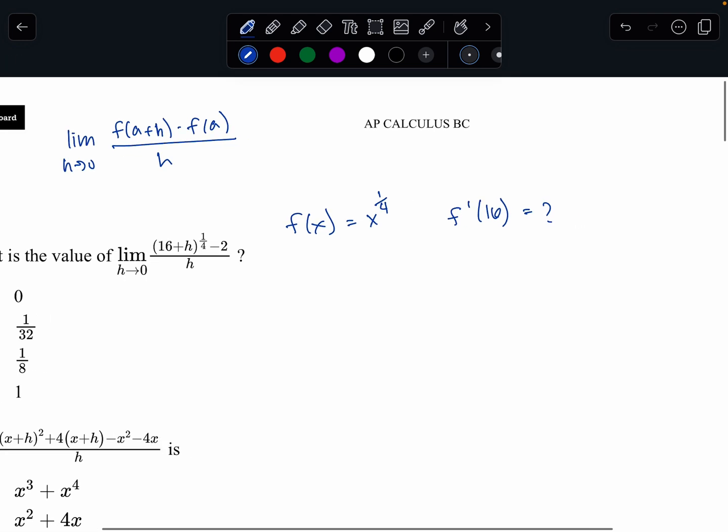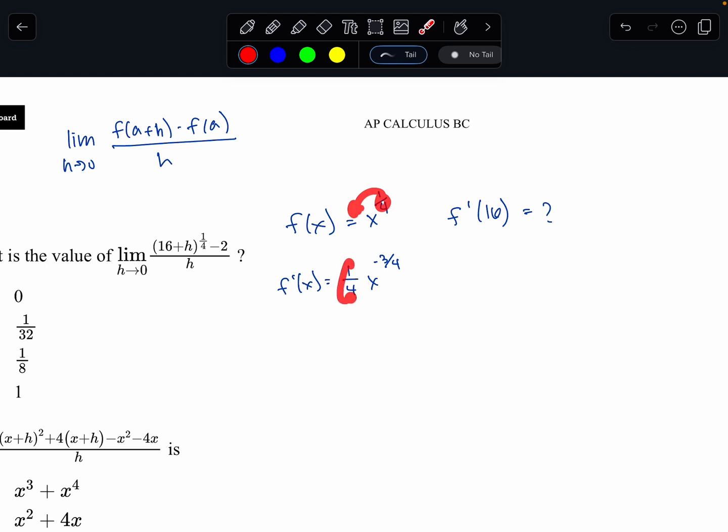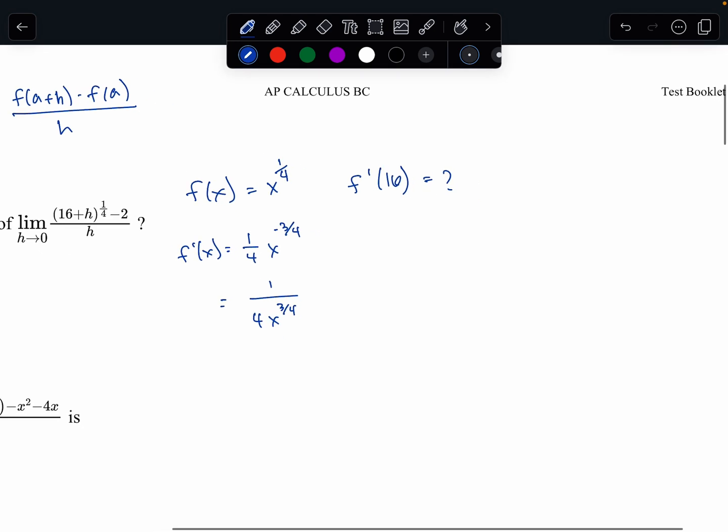Using our shortcut rules, I know that the derivative here is going to be 1/4 x to the negative 3/4, because you drop the power, that becomes the constant outside, and then you decrease the power by 1. 1/4 minus 1 is negative 3/4. Another way of writing this would be 1/4 x to the positive 3/4 in the denominator. So f prime of 16 would be equal to 1/4 times 16 to the 3/4.